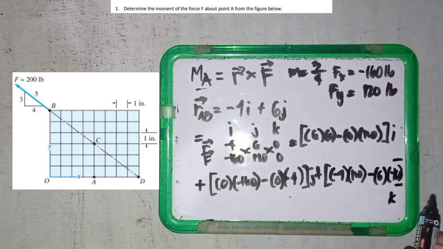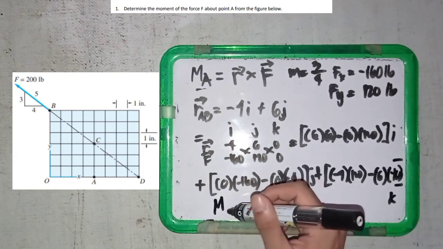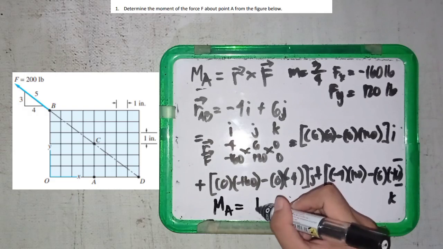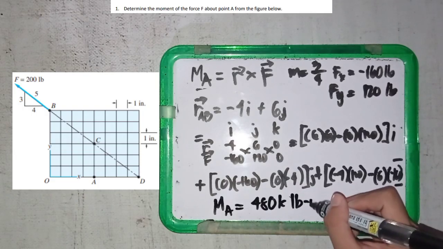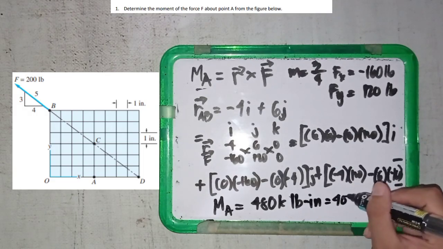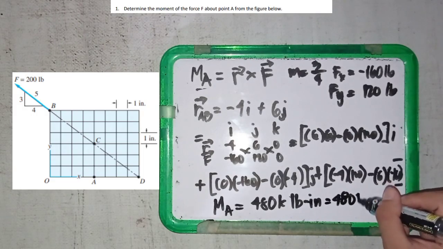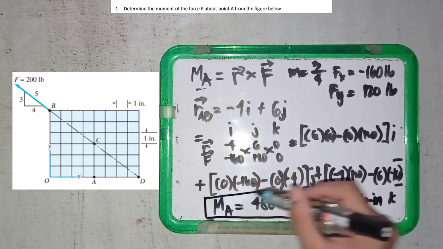If we solve this, our moment of force about A is 480 k pounds inch, or 480 pounds inch. That's all.